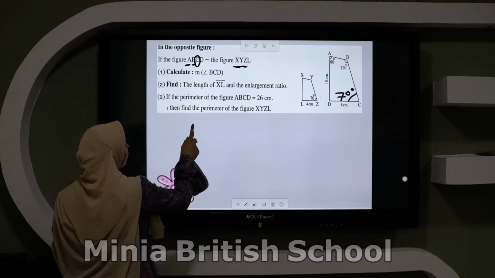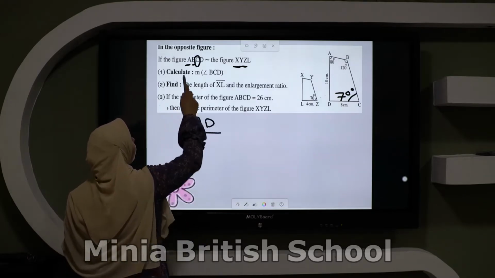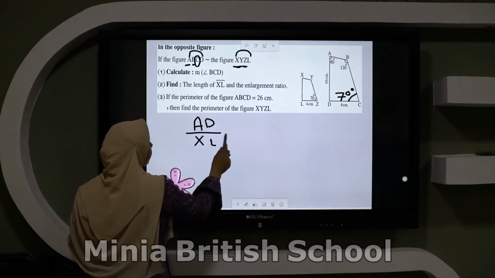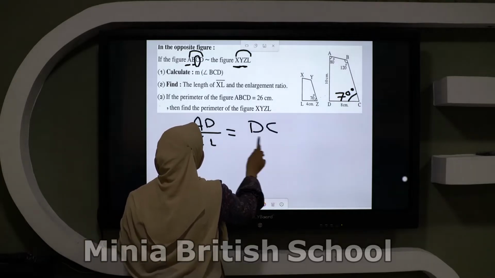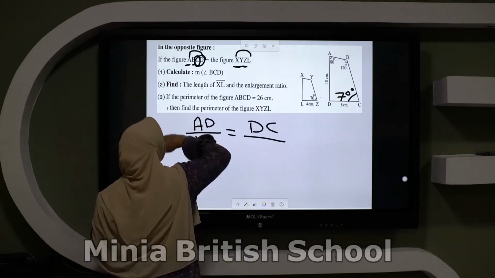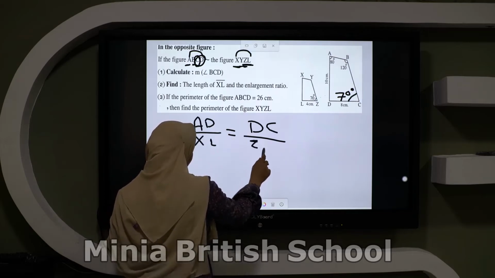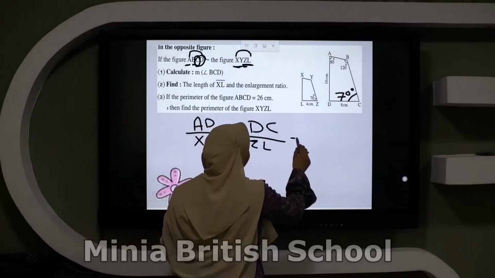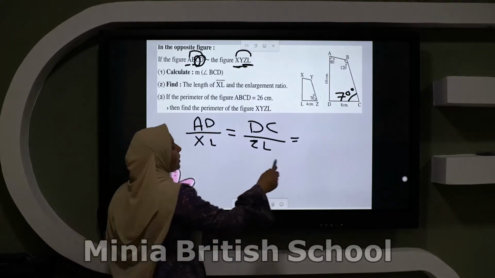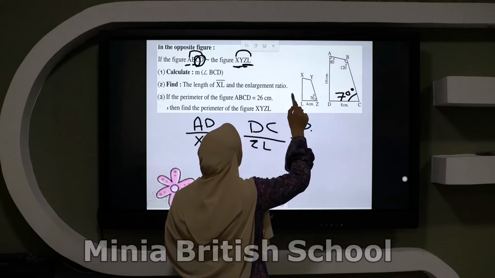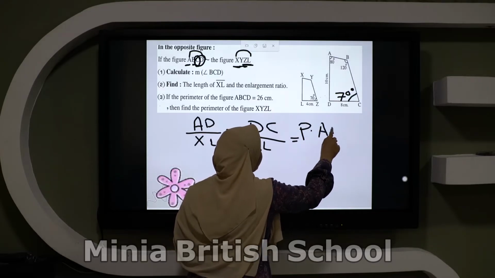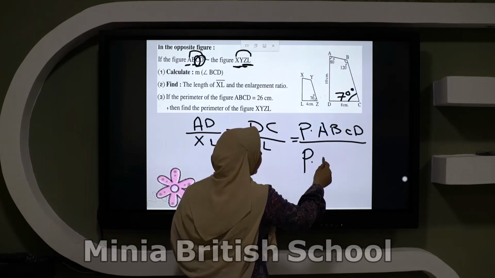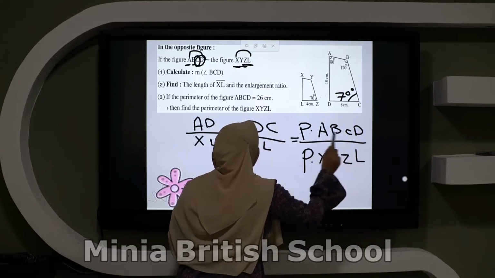So I can write AD over XL equals DC over ZL, equals the perimeter of the first polygon ABCD over the perimeter of the second polygon XYZL.